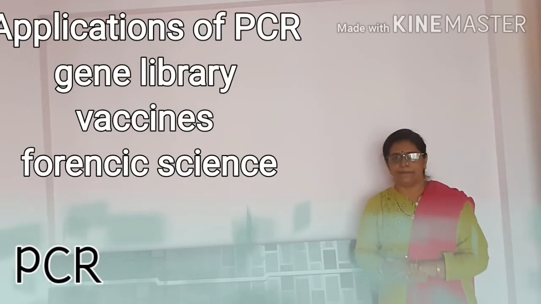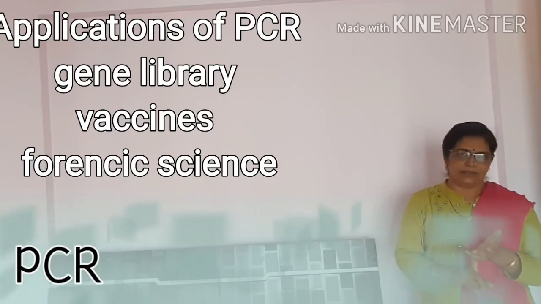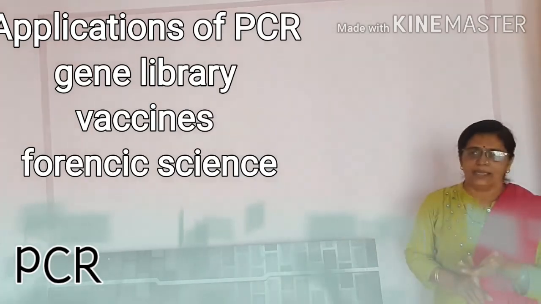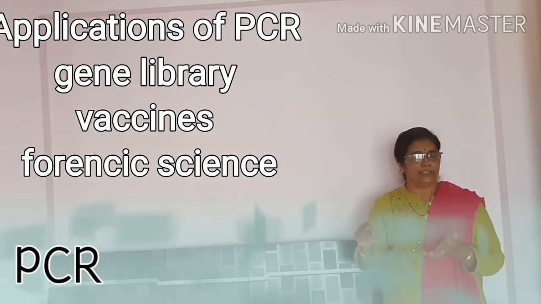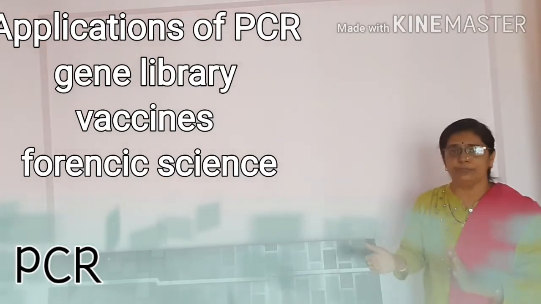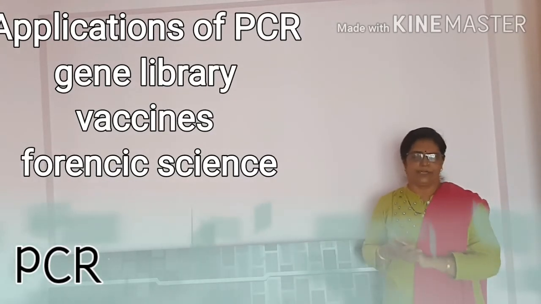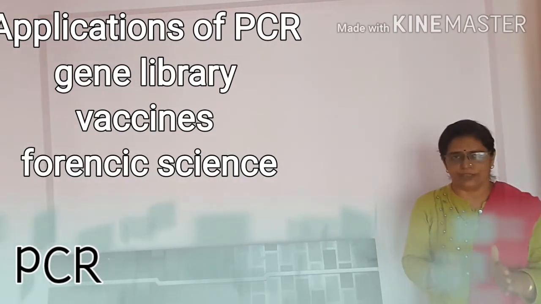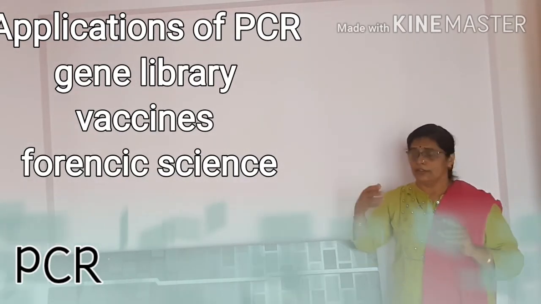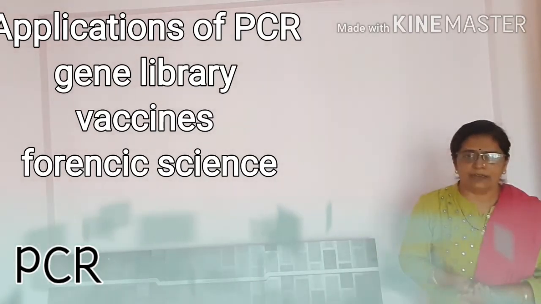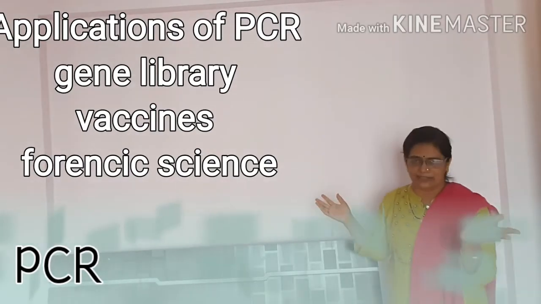Okay. Then which are the different applications of the PCR technique? The first one is that it is used in the gene library. What is the meaning of gene library? We can see it afterward. But we can collect a number of copies of different genes, that is the gene for insulin, the gene for follicle stimulating hormone, the gene for the blood clotting factor, or the gene for an endangered plant.